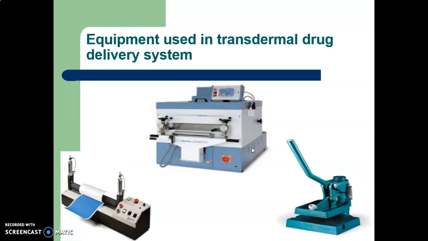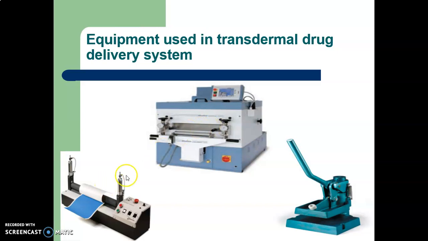These are a few equipments used in the transdermal drug delivery systems in the formulation development department. This is the equipment in which the backing membrane is placed and the drug adhesive solution is sprayed on the backing membrane, and the temperature is fixed using this equipment, and the film is dried properly.